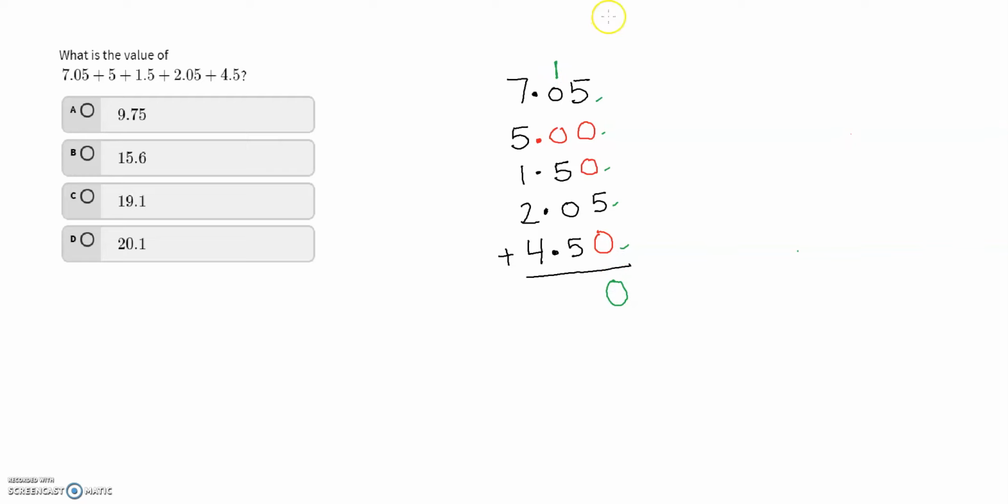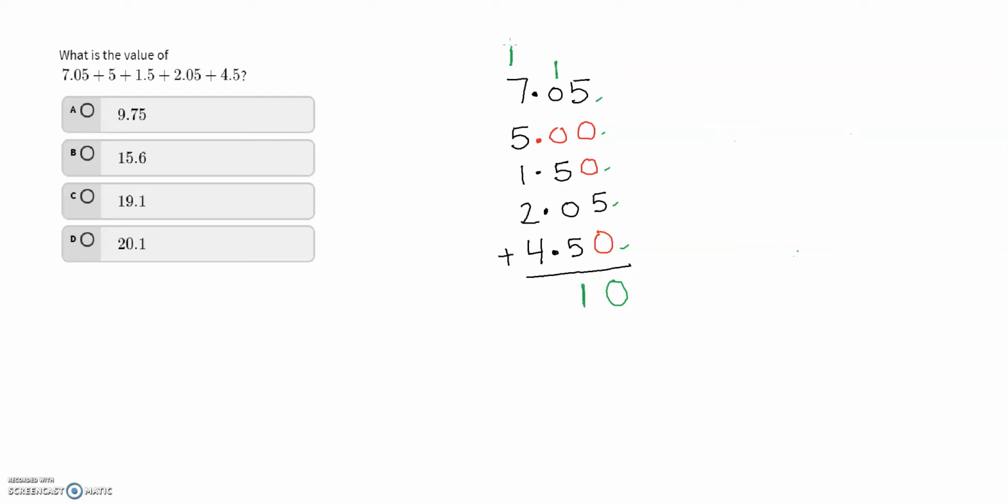Now I will add the middle numbers, 1 plus 0 plus 0 plus 5 plus 0 plus 5. So 5 plus 5 will give me 10. 10 plus 1 will give me 11. So I will write 1 here and 1 on the top.